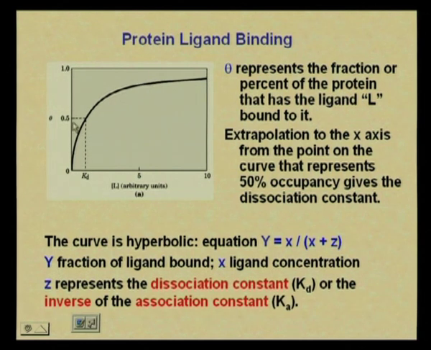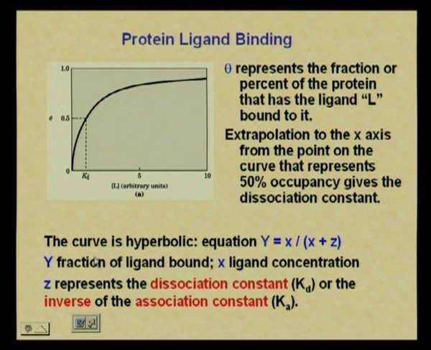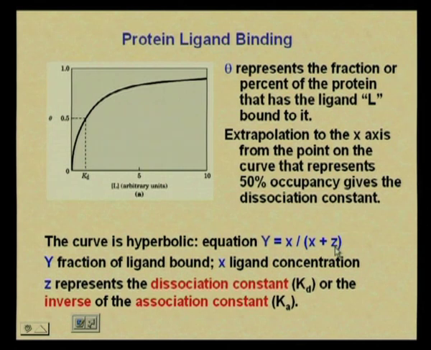Now, when I reach 50% saturation here, it means that my Y, or the fraction of ligand bound, is half, 50%. Now, that 50% corresponds on the x axis to the dissociation constant. Why? Because we have a hyperbolic equation corresponding to y is equal to x by x plus z, where x is our ligand concentration and z is the dissociation constant.